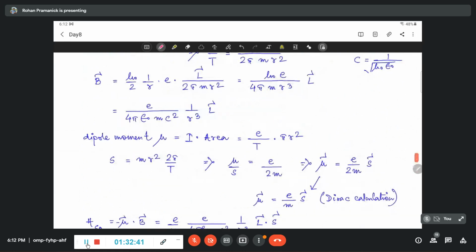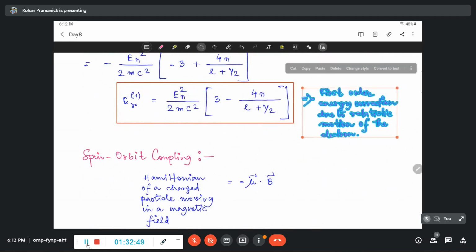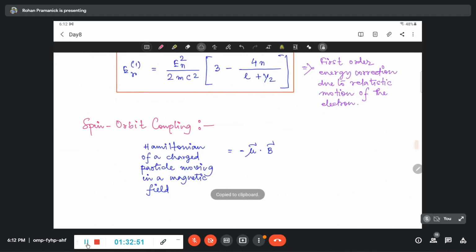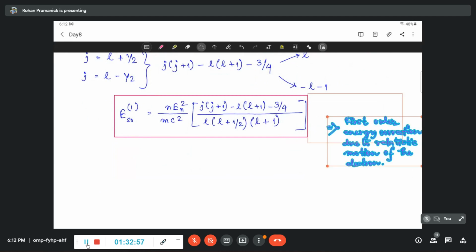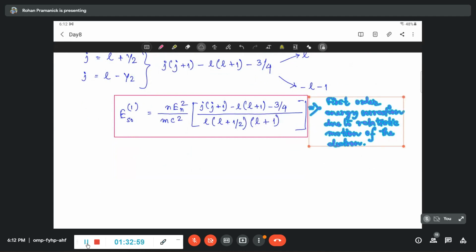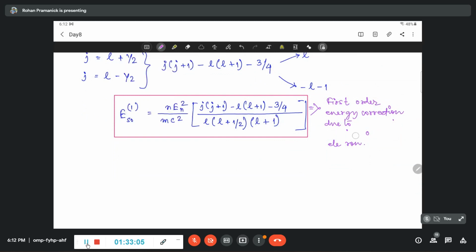So previously I had this first order energy correction due to this thing, and now I have this, due to spin orbit coupling. I am skipping some things because I need to finish.